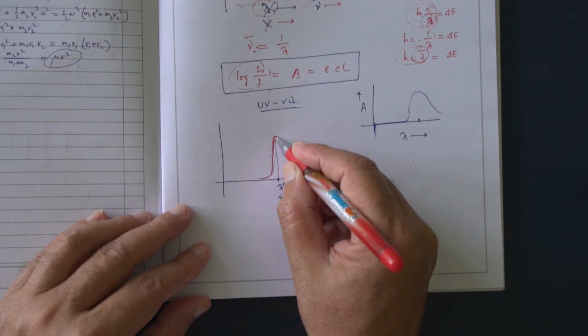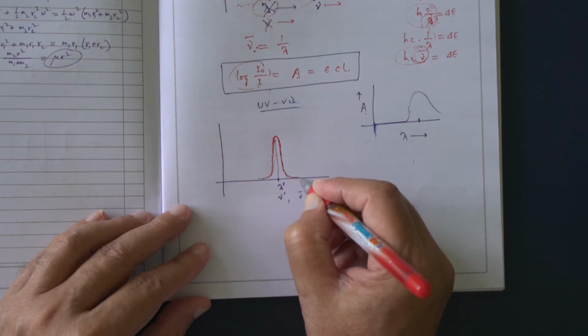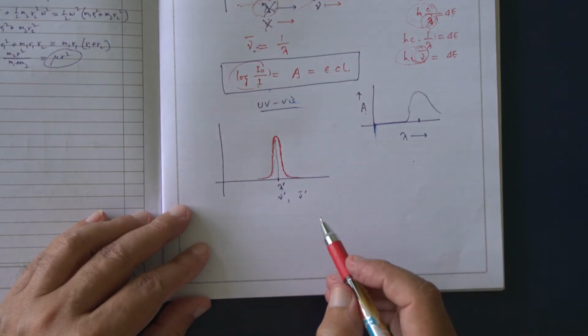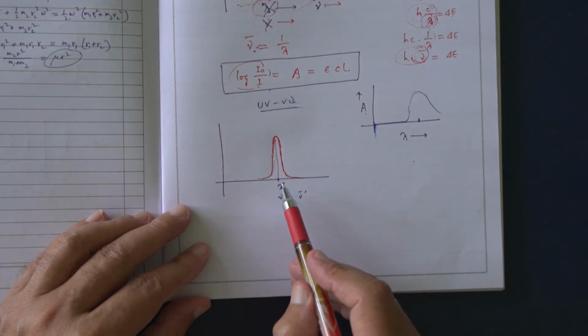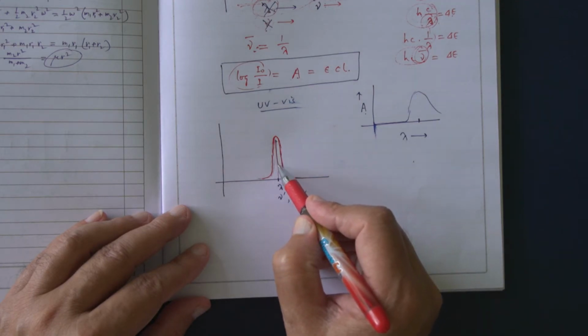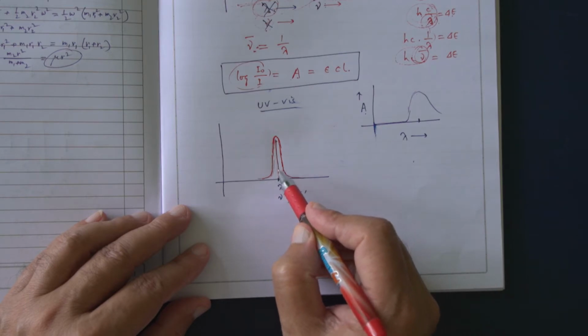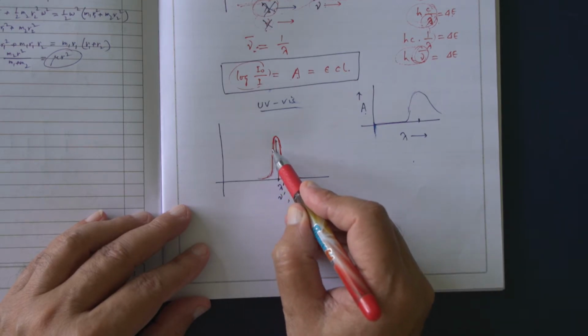I repeat, if the molecule absorbs a particular wavelength, we should get a line like this, but practically we do not get this line. We get the spectrum like this.